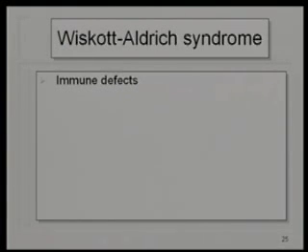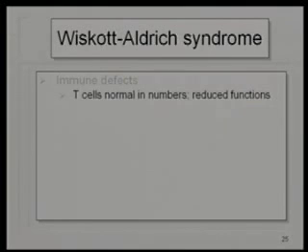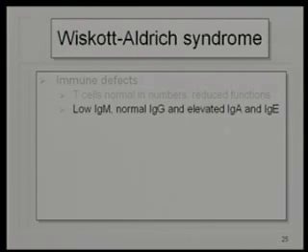Okay, immune defects in Wiskott-Aldrich syndrome: T cells may be normal in number but reduced in function. Same way as ataxia telangiectasia. Okay, the abnormality is low IgM, but they have normal IgG and elevated IgA and IgE for some reason.